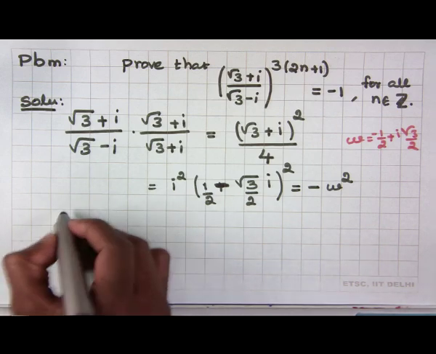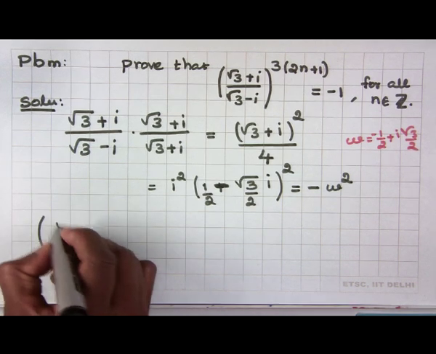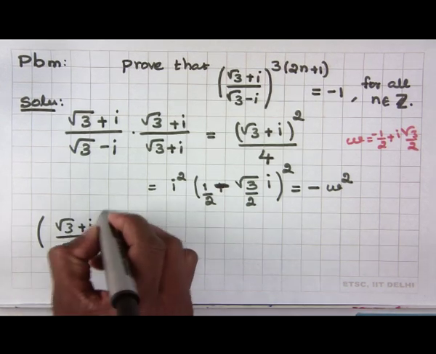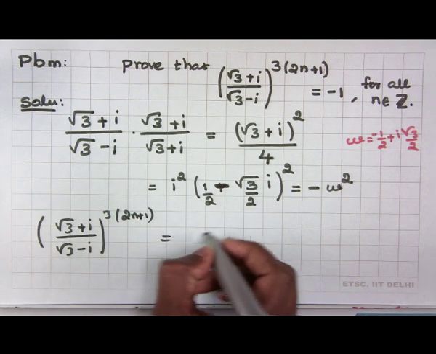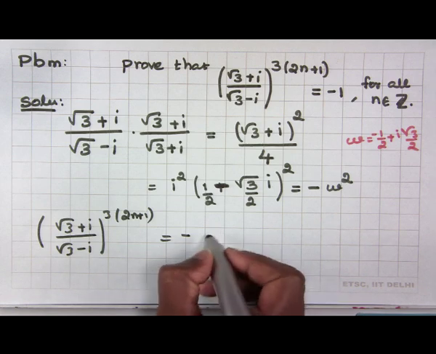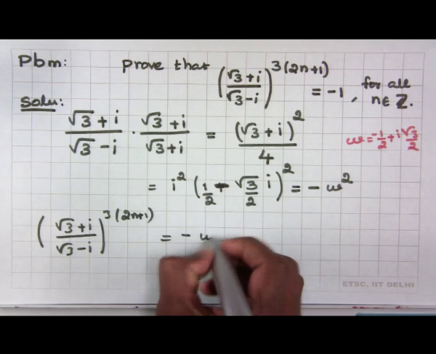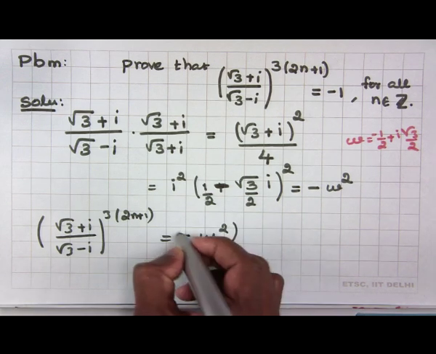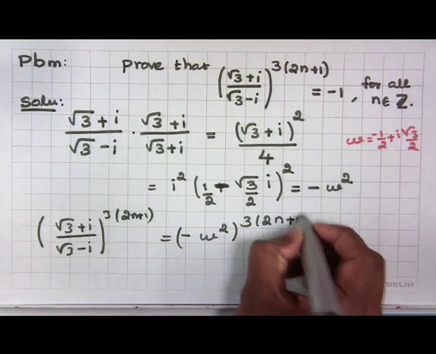So, now if we raise the power 3 times, (√3 + i)/(√3 − i) to the power 3(2n + 1), what we see is that here we have minus omega square to the power of the 3 multiple, 2n + 1.